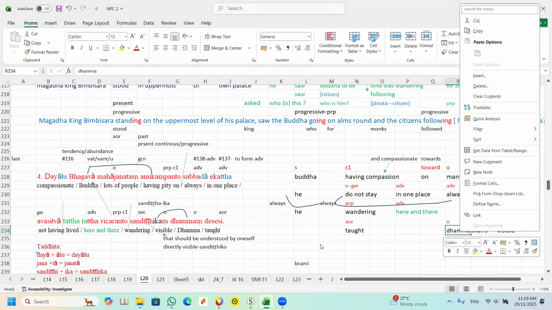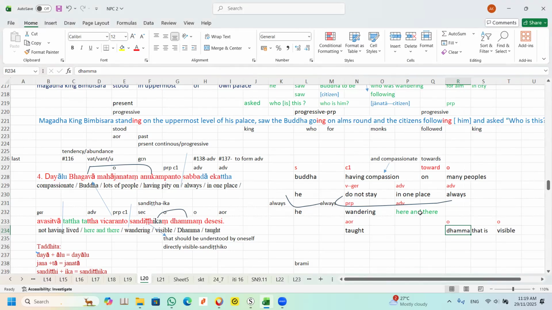Okay, taught the Dhamma. So this is the Dhamma, and then this part is Sanditthikam. You remember the word Sanditthiko? Sanditthiko, akaliko. Svakkhato Bhagavata Dhammo.